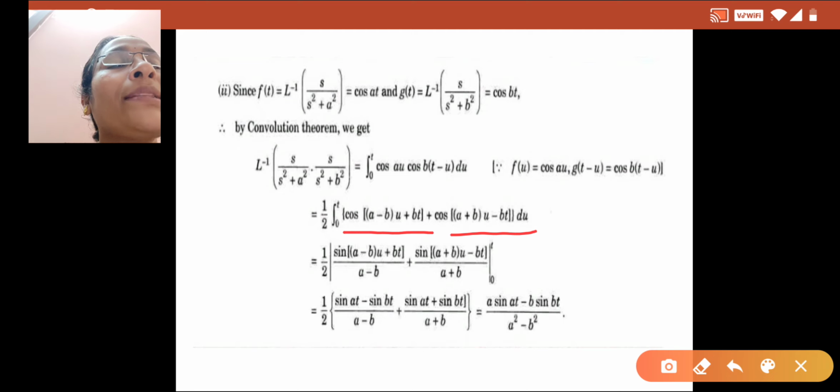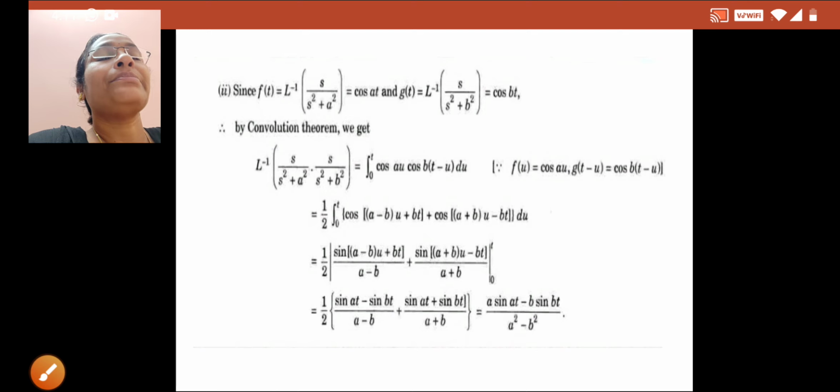By applying the limits 0 to t, you will get a into sin at minus b into sin bt by a square minus b square. This is the inverse Laplace transform of s square by s square plus a square into s square plus b square. This completes the problems on the convolution theorem.